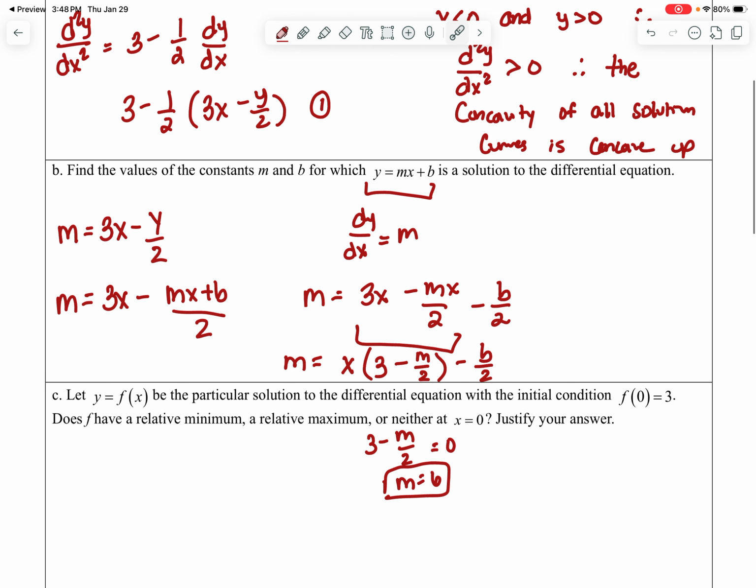Now, if m is 6, and that's a constant, and this is also a constant, now I have 6 is equal to negative b over 2, which means that b is negative 12. So m is 6, b is negative 12.